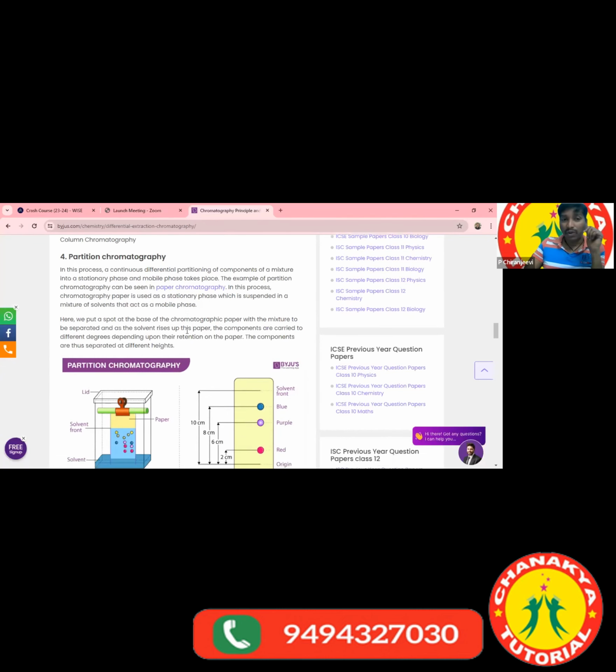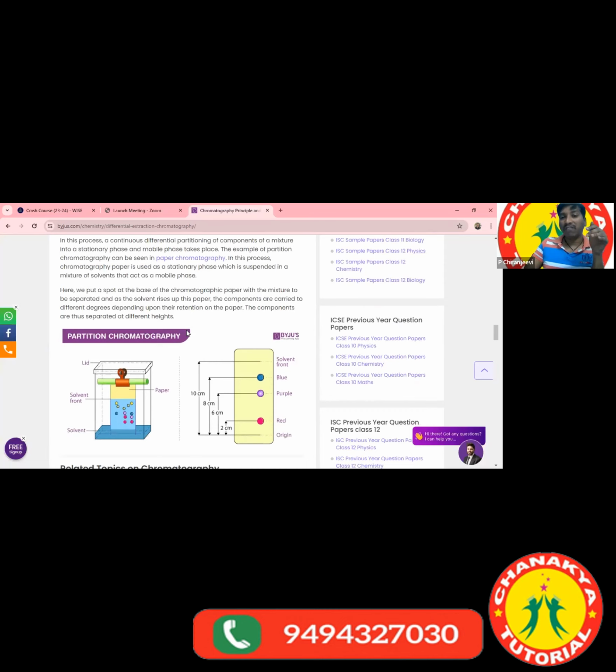In partition chromatography, the stationary phase is liquid, and the mobile phase is also liquid. That's why partition chromatography we can also call liquid chromatography. What is the best example for liquid chromatography? Paper chromatography is one of the best examples for liquid chromatography.